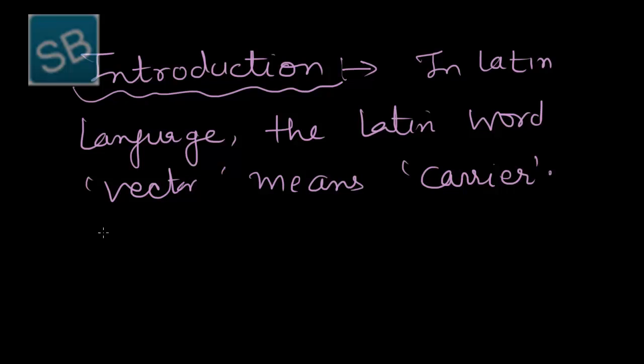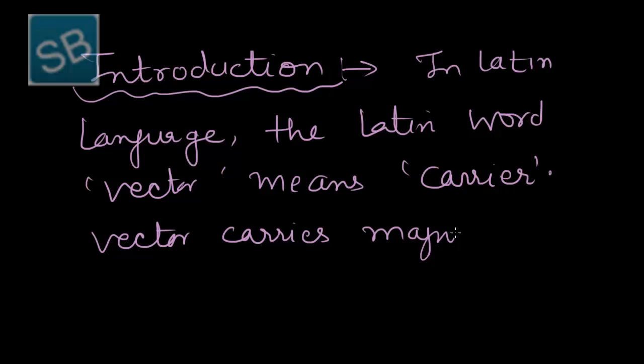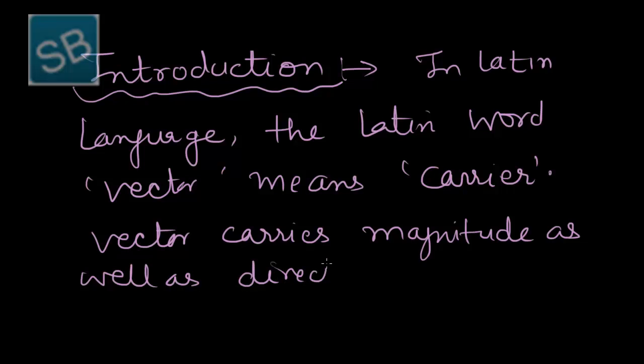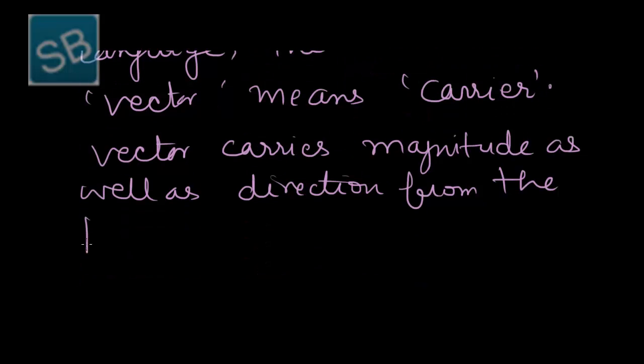So a vector carries magnitude as well as direction from the first point to the last point, or we can say terminal point.